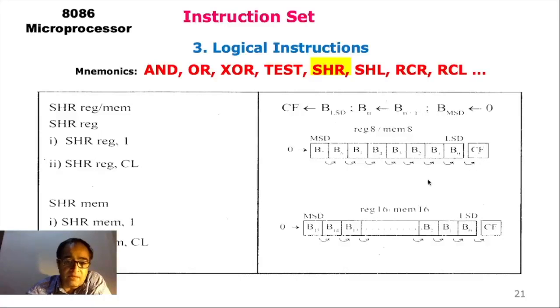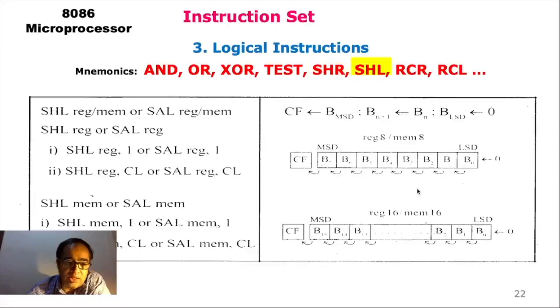CF is the carry flag. Shift right means you are shifting towards the right, and anything which comes out is transferred to CF.